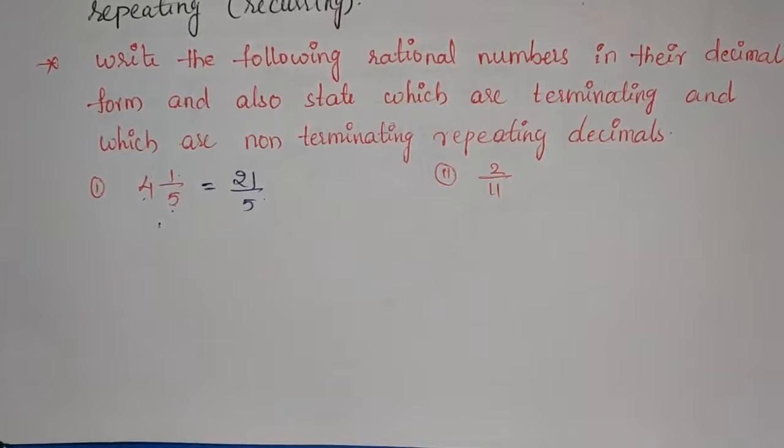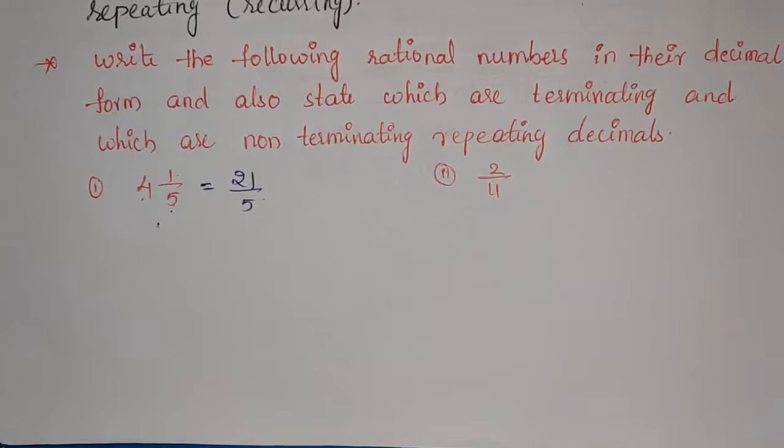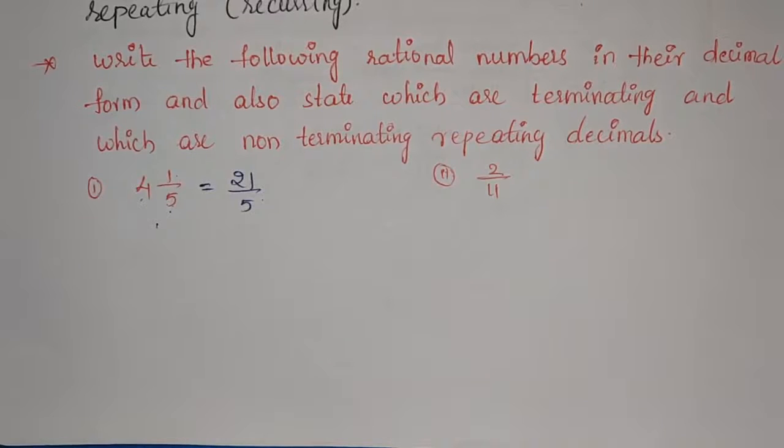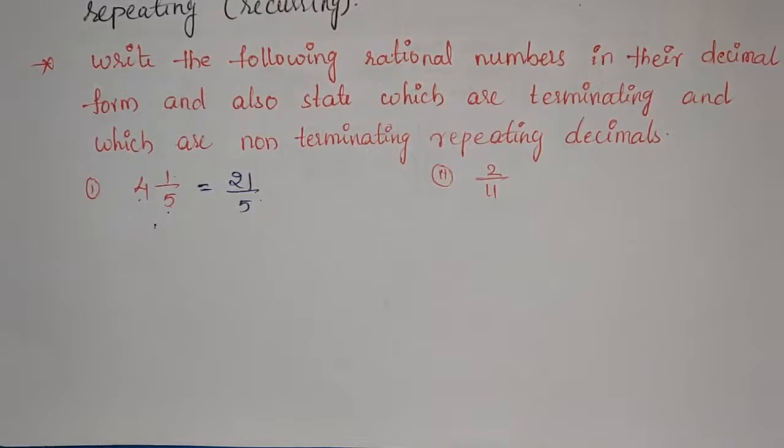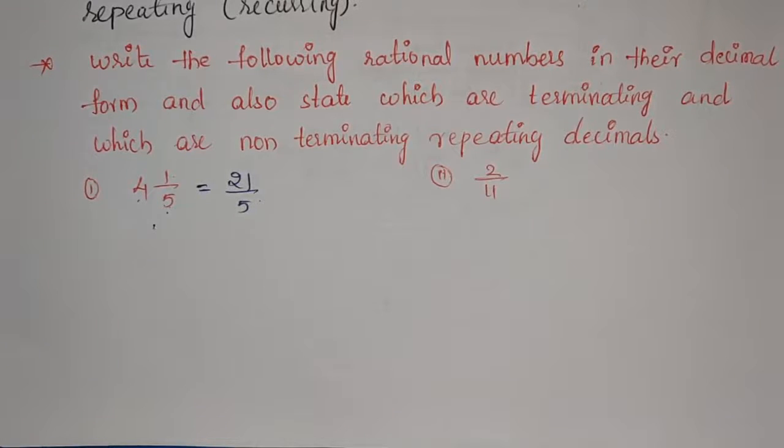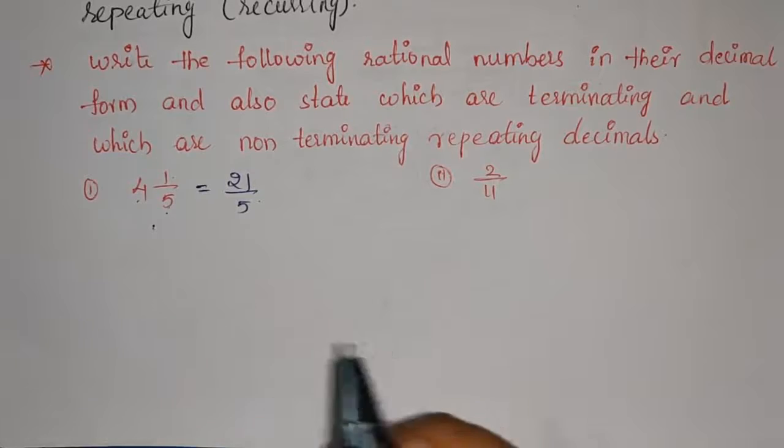So now, when you are going to say this number is a terminating decimal, when the denominator can be written in the form of 2 power n and 5 power m, then only we can write this as a terminating decimal. Here we have in the denominator the prime number 5. So you can multiply and divide with 2, then you will get the 2 power n and 5 power m form in the denominator.